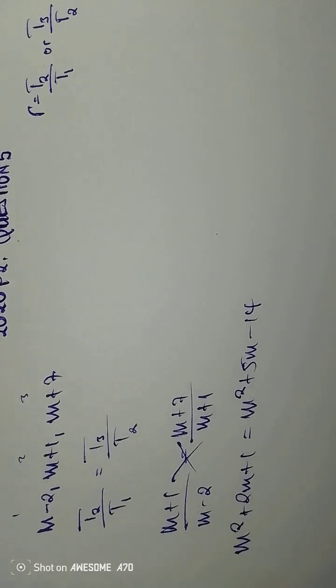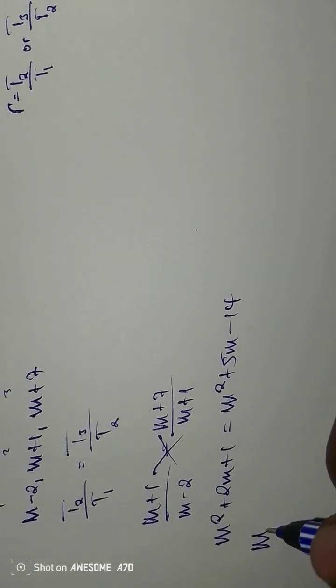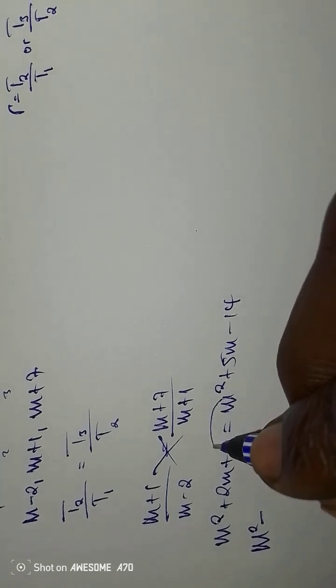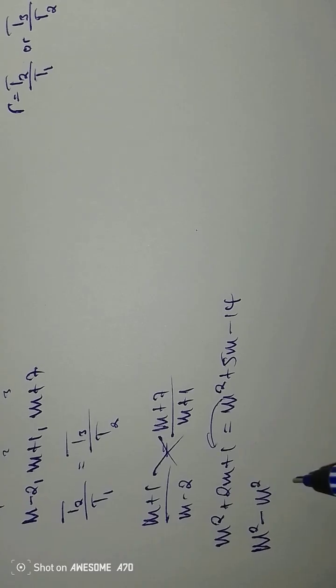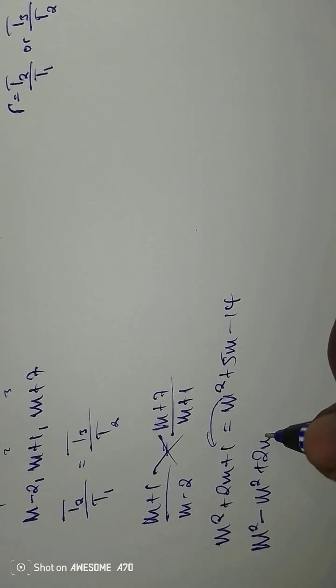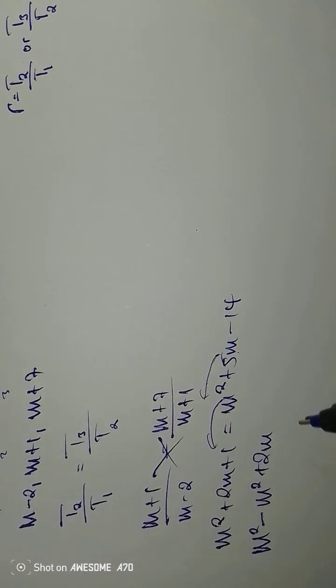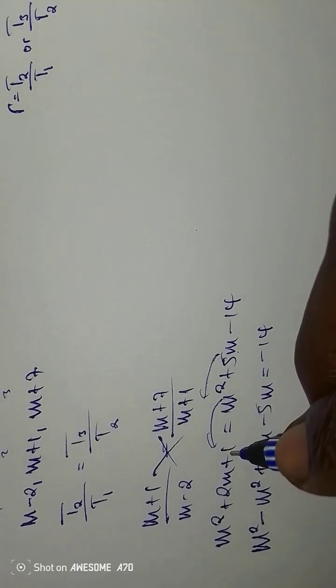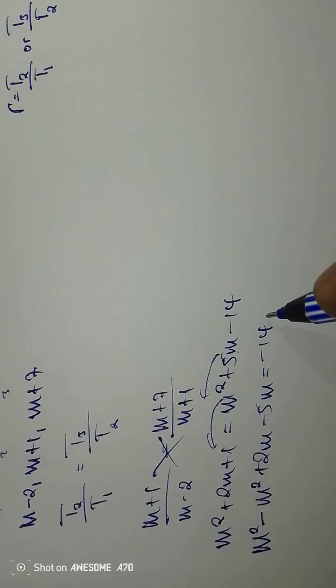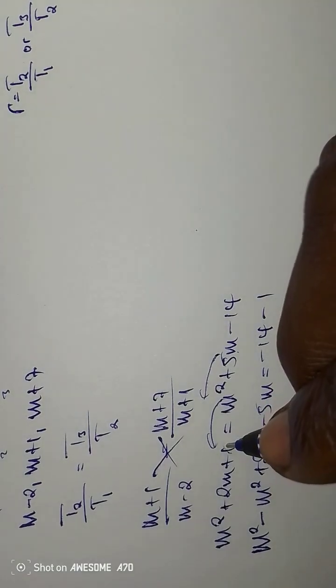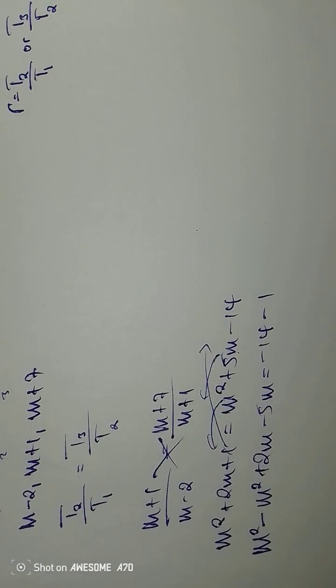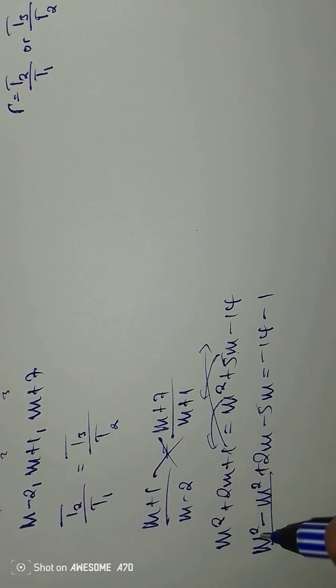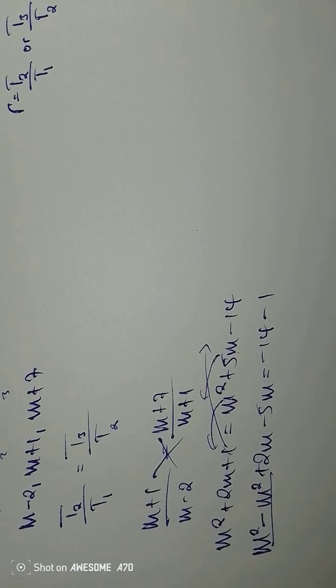Alright, let's group the like terms. The m squared cancels with the m squared, and 2m is grouped with the 5m, so it becomes a negative 5m. This is equal to negative 14, and the 1 crosses to the other side as a negative 1. Subtracting, we obtain 0 for the m squared, so we remove it.